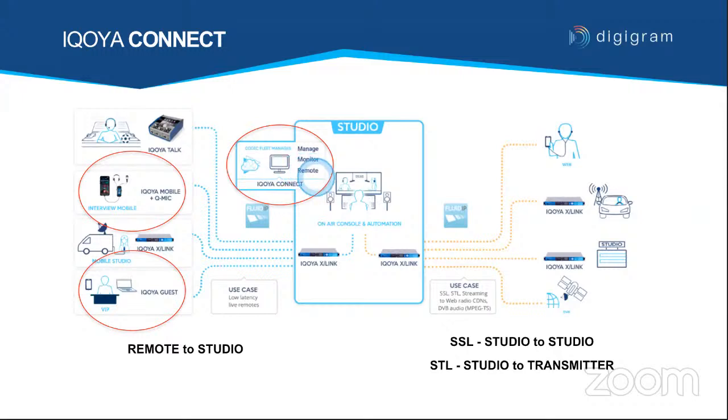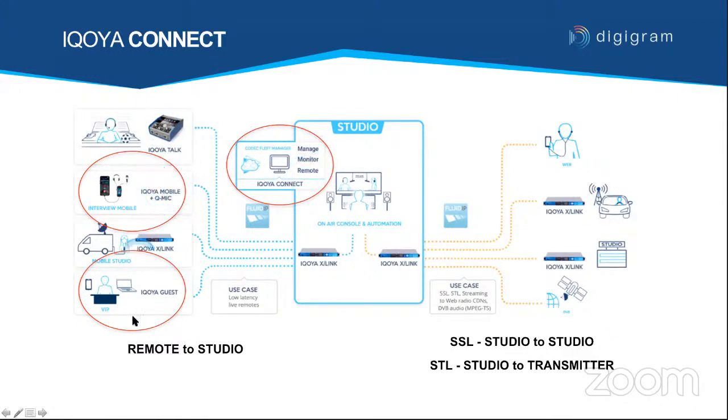And the remote control feature is an extremely unique feature because it allows you to, from a single point anywhere on the internet, connect to the entire infrastructure remotely and control these boxes as if you're the operator, which means people in the field, the journalists, the sports commentators, do not have to be technical. You can actually take ownership and control of Akoya Talk, for example, using Akoya Connect Remote.